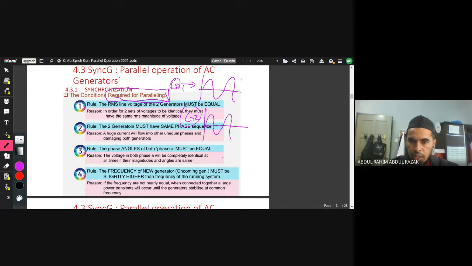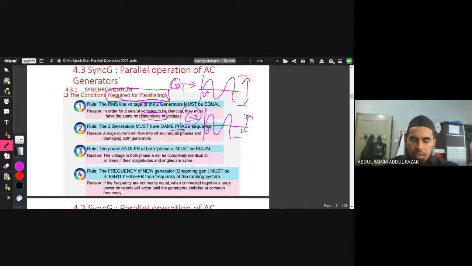G1 and G2 have to have the same magnitude. So the voltage should be identical in terms of RMS magnitude. And also have the same phase, meaning that if this starts at 0 degrees, this one also should start at 0 degrees. Same phase.